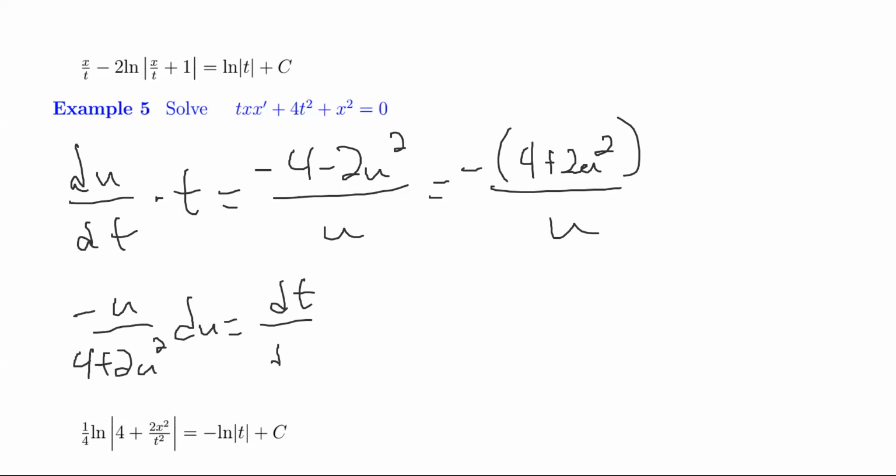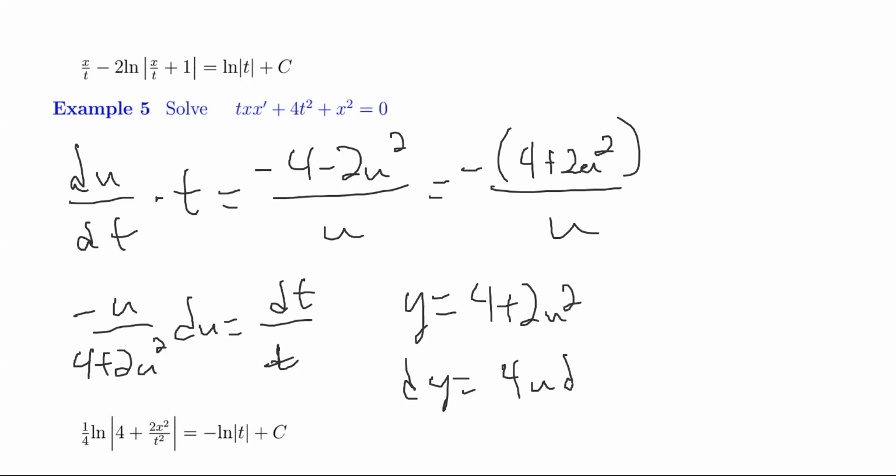over t. All right, now we integrate both sides, the left side with respect to u, the right side with respect to t, and we make a y substitution for the left side of y is equal to 4 plus 2u squared. If we do that, dy is equal to 4u du.